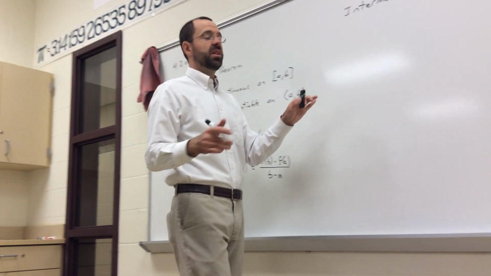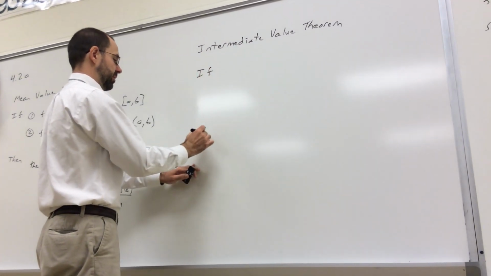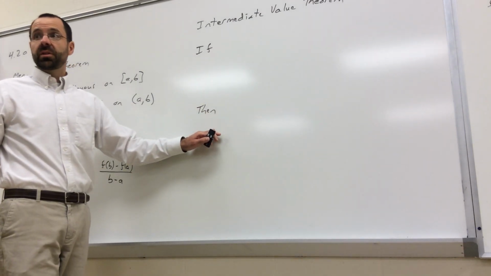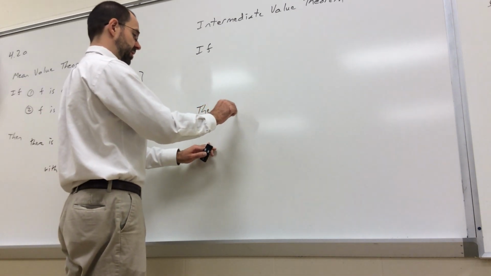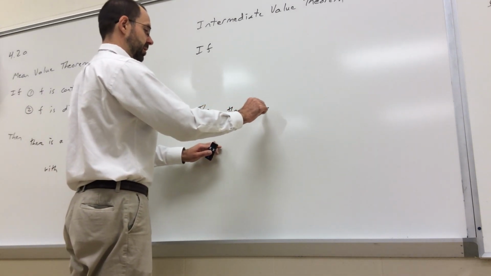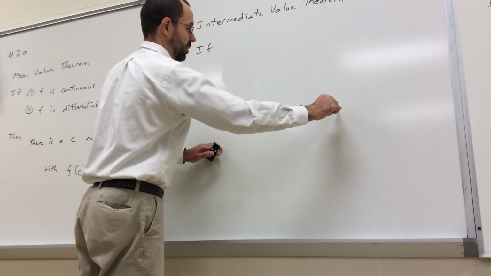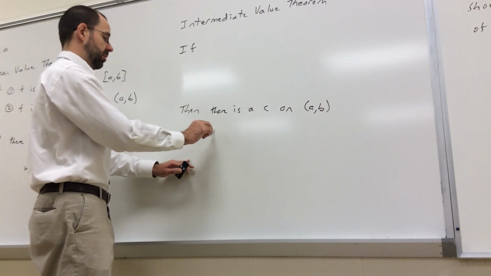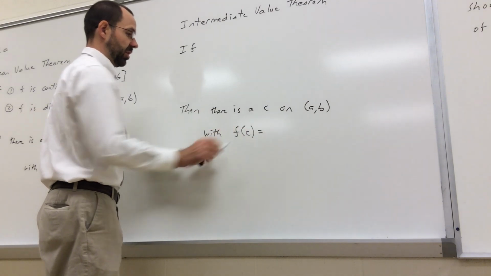Okay, so the intermediate value theorem was an if-then thing again. And it was an existence theorem. It said then there is a c on ab with f of c equaling something.